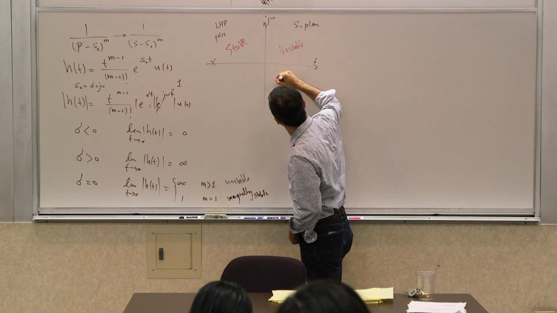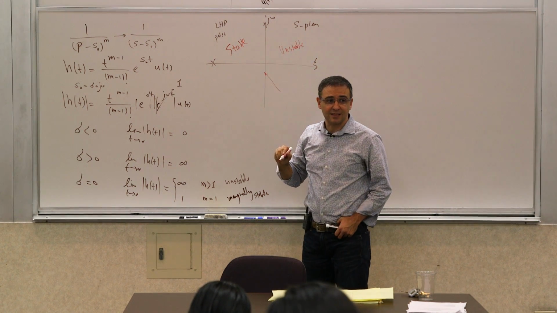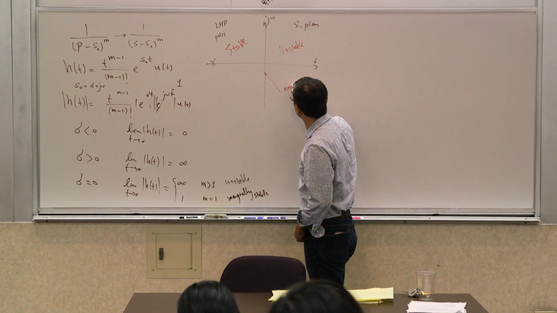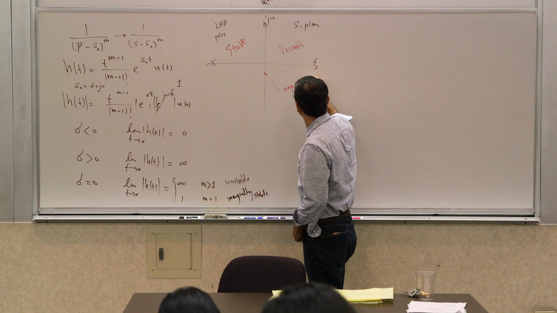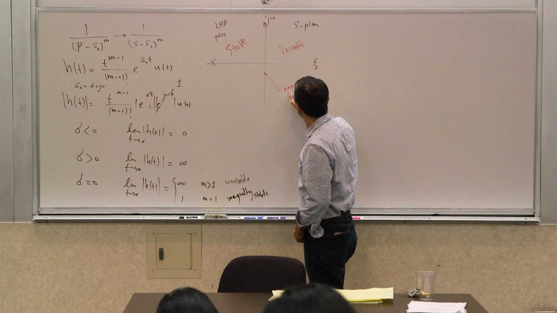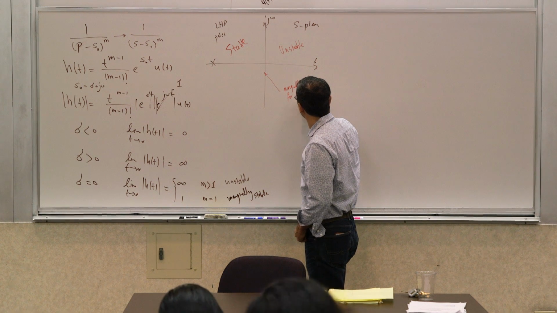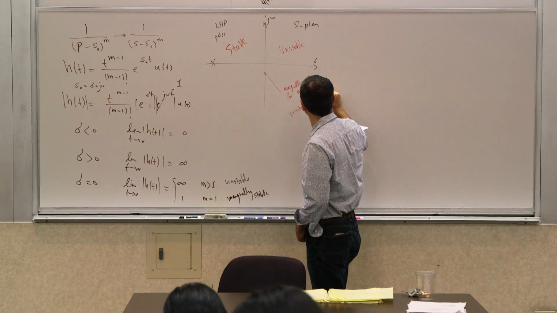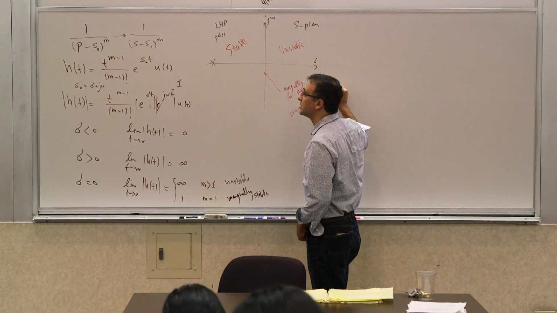And then how about if you're on the j omega axis? It's marginally stable for single pole and unstable for multiple ones.